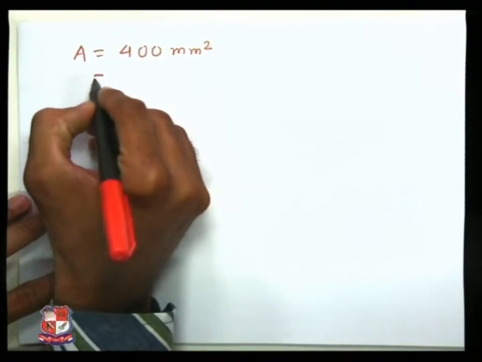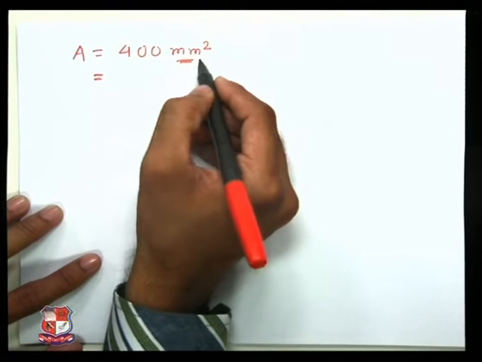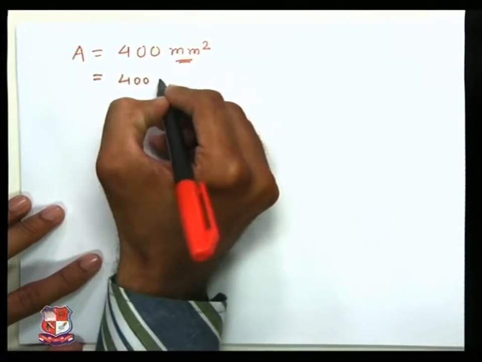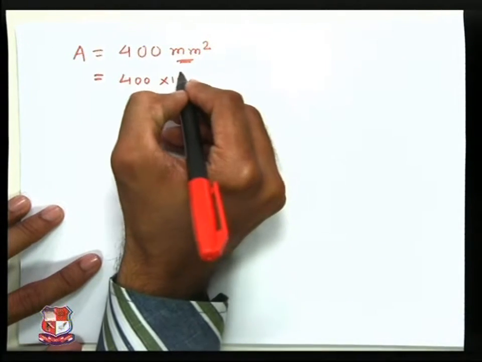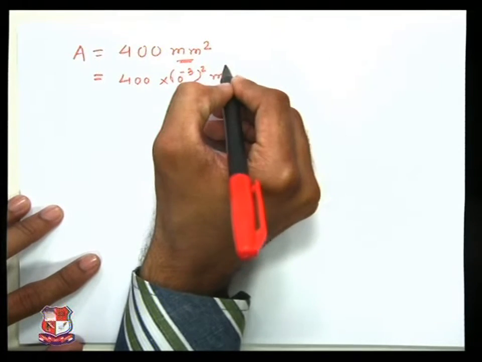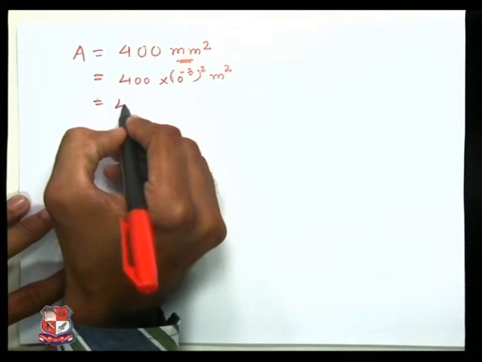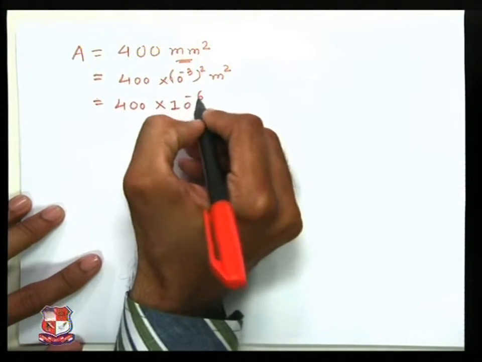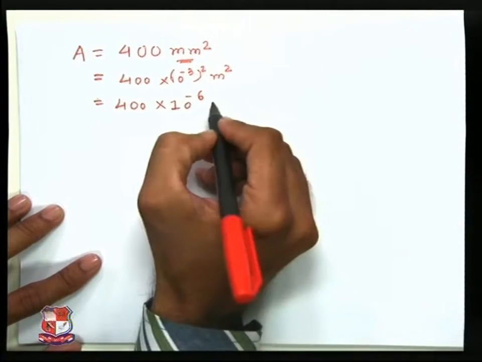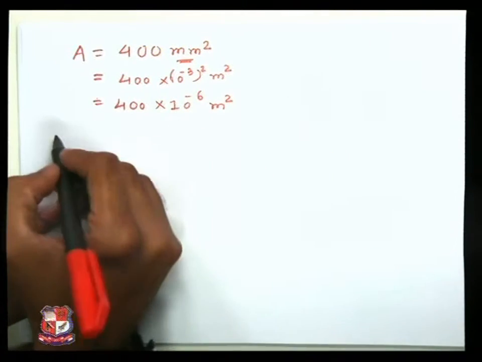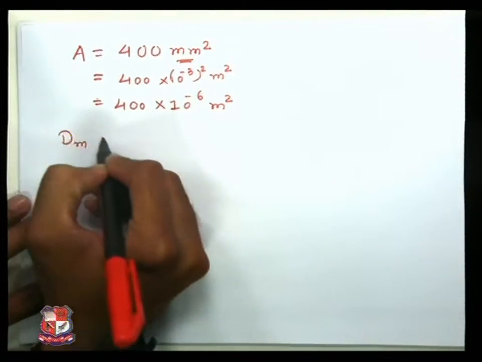Here data is given in millimeters, so we have to convert it into meters. So 400 into 10 raised to minus 6 meter square. Now the next thing is the mean diameter.